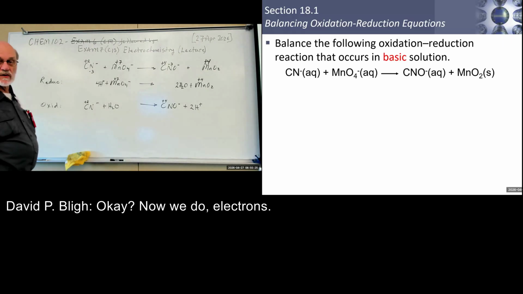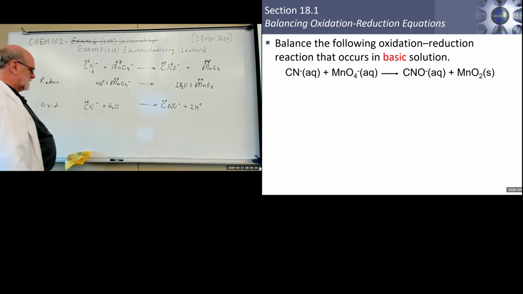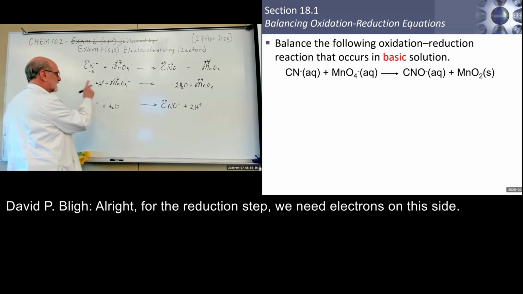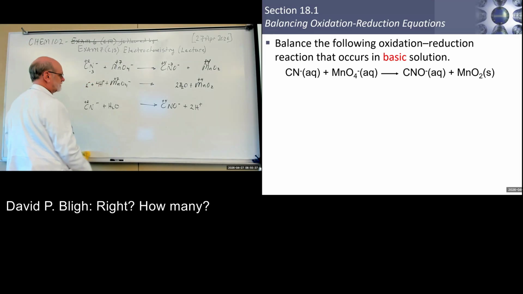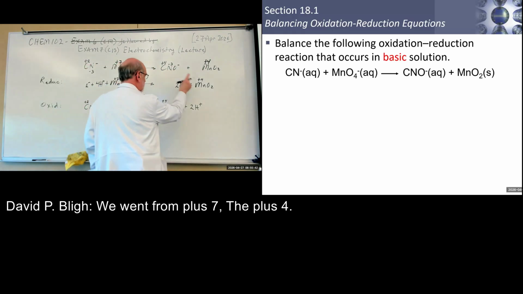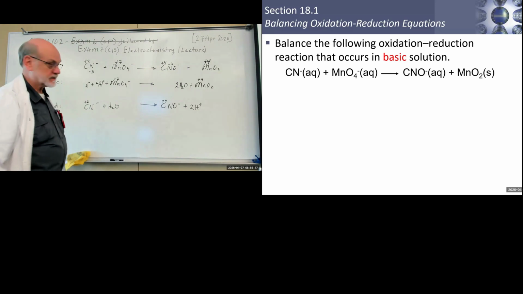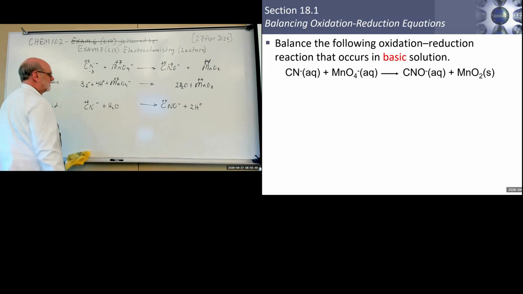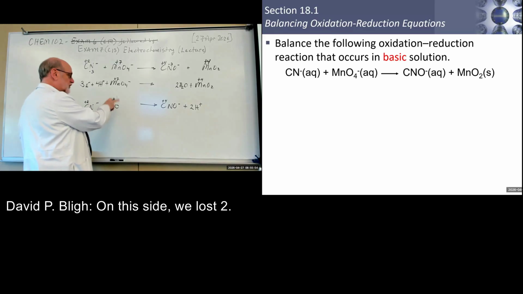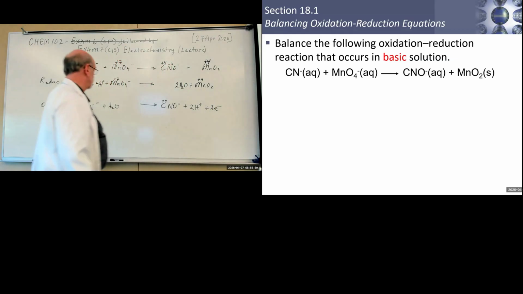Okay. Now we do electrons. Yeah, electrons. All right, for the reduction step, we need electrons on this side. Right? How many? We went from +7 to +4. That means we had to add 3 negatives. All right. On this side, we lost 2. There we go.